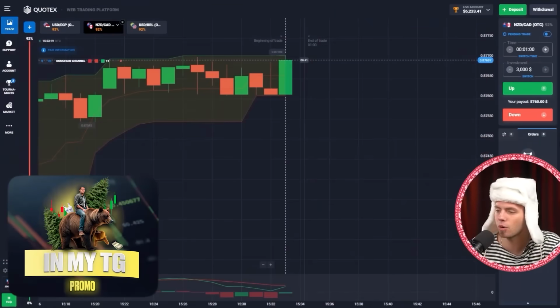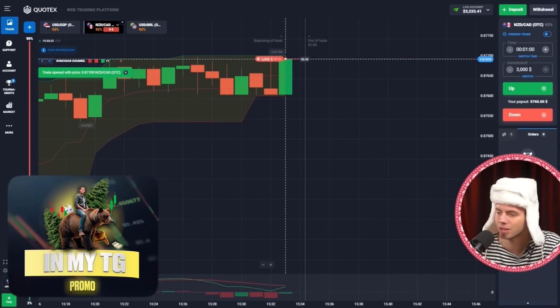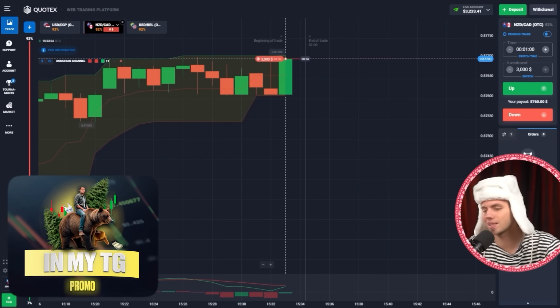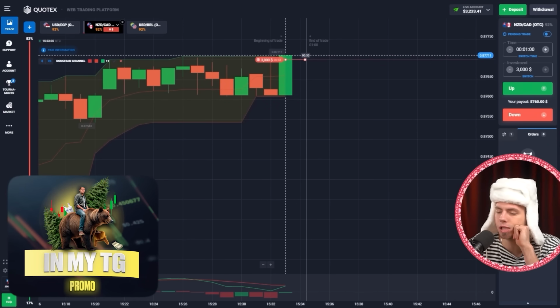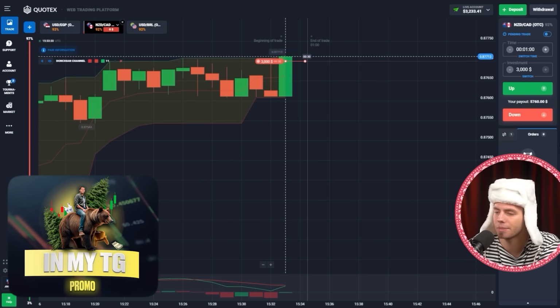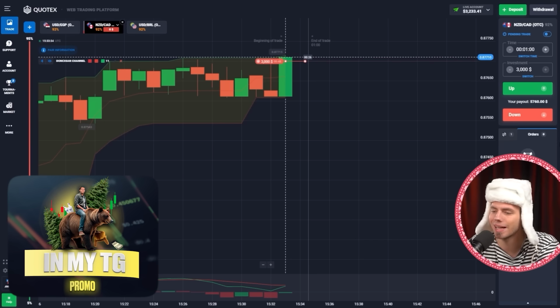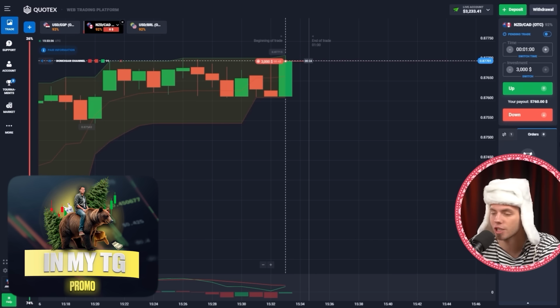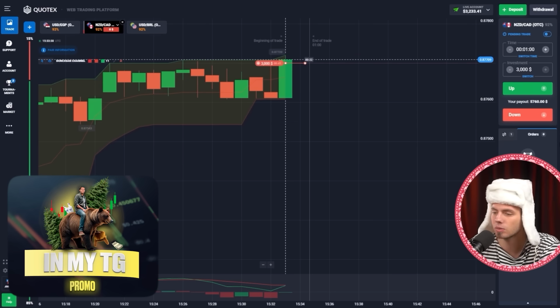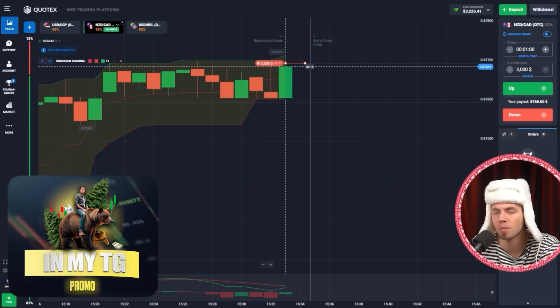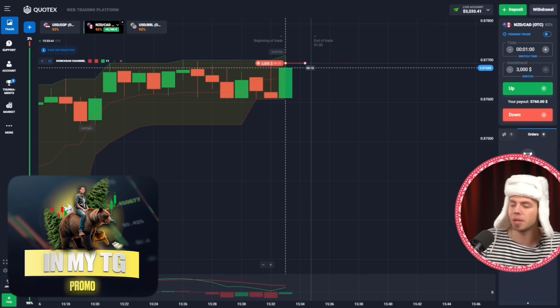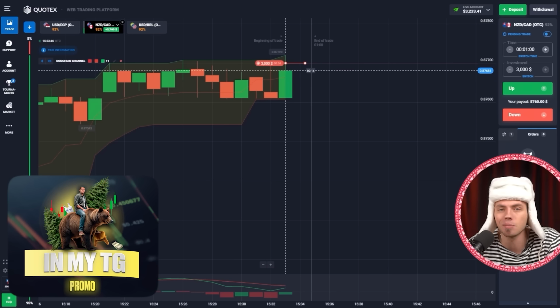Alright, here we're opening a sell trade, another similar situation, but not quite similar to the previous ones, because here we have another MACD indicator signal happening over here. But still, if you take a look at the previous situations, these candles were pretty small. Right now this one green candle is an abnormal deviation, so maybe a strong buyer entered the market, who knows, but it is not normal behavior.